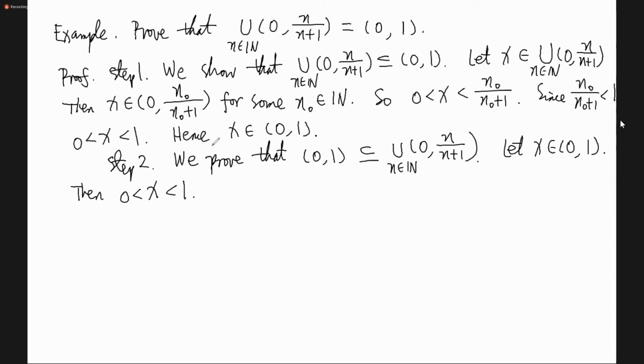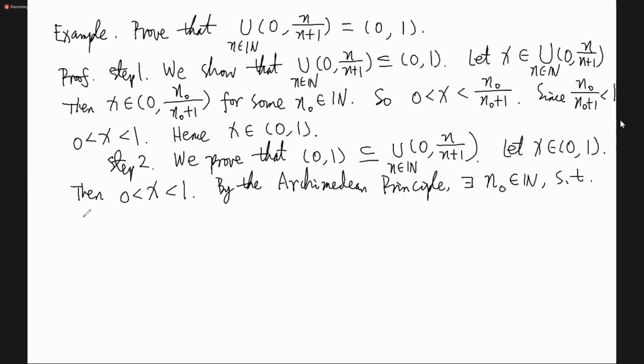So what we are going to do is, by the Archimedean principle, there exists a natural number n0 such that, well, the key here is 1 over 1 minus x is less than n0.